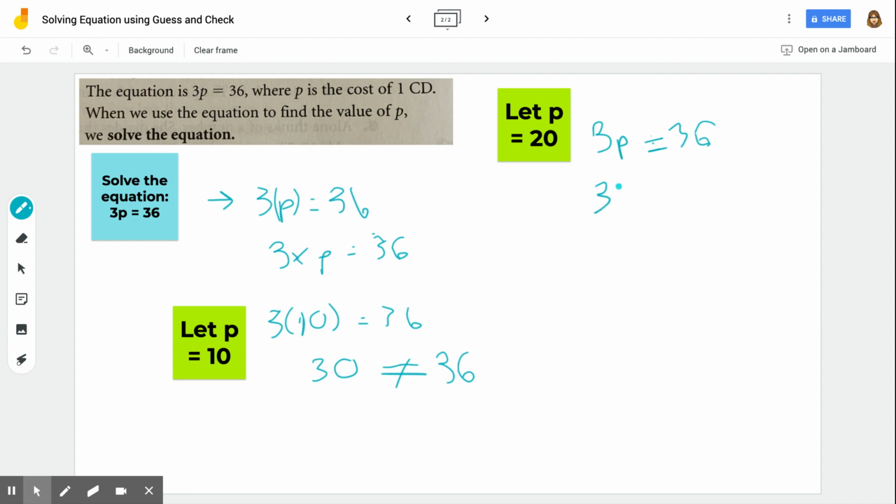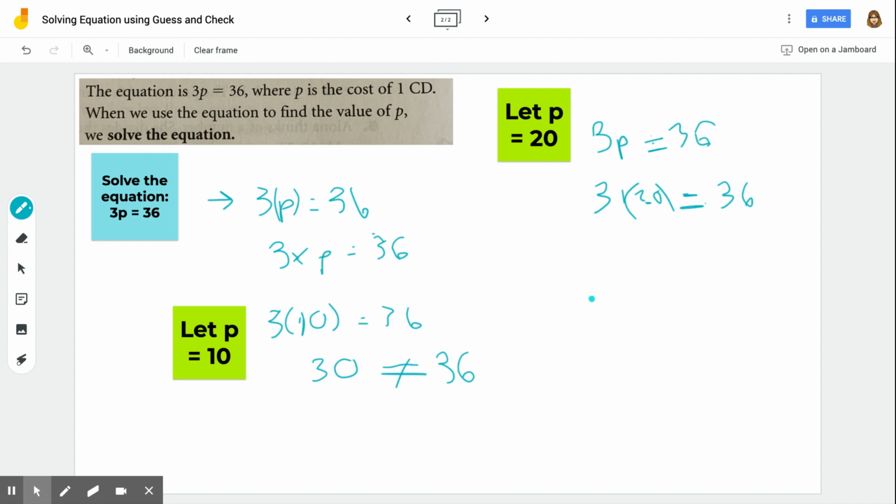So I'm going to take my 3 and multiply 3 by 20, and I'm going to see if that is going to equal the same as 36.